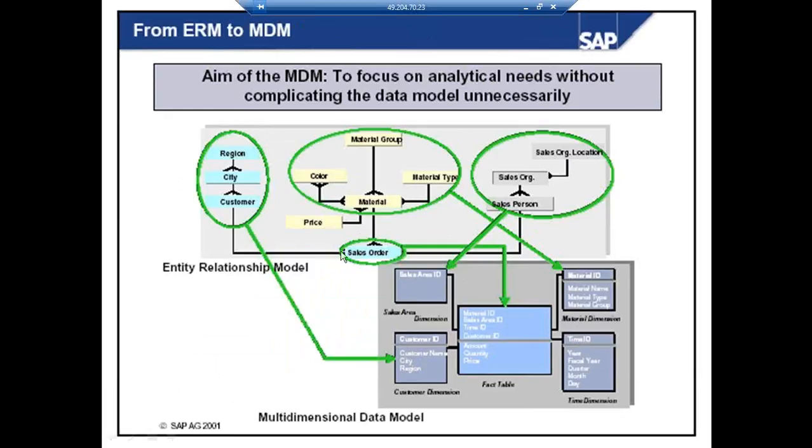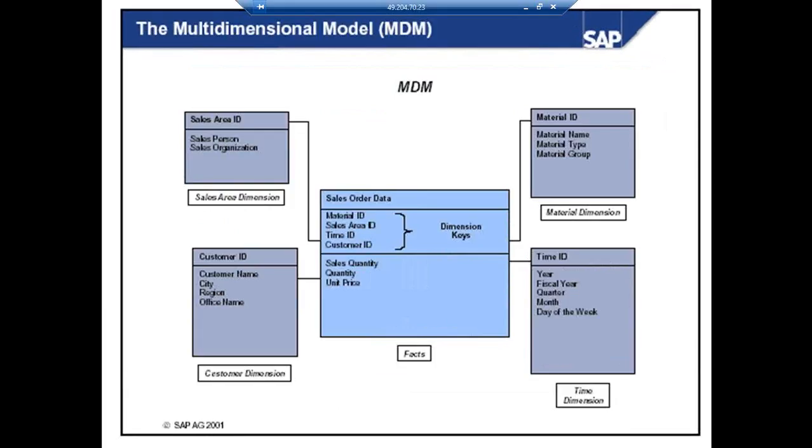That intersection entity, your sales transaction, is represented as the fact. Instead of salesperson, they want the analysis done sales area wise. In the place of that, they are using the sales area dimension.